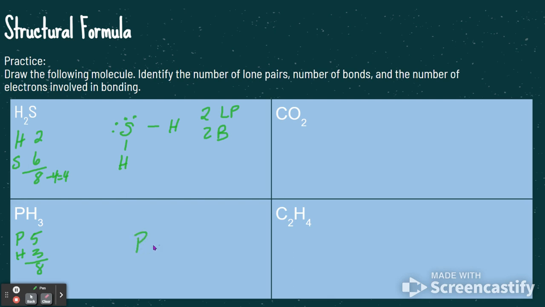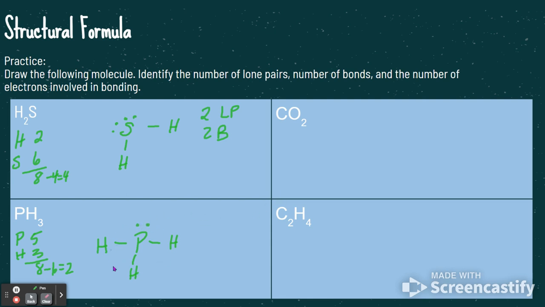All right, so phosphorus in the middle, and it doesn't matter where you put your hydrogens. I'm just going to put mine there. Everybody gets a bond, 1, 2, 3, so 8 minus 6 is 2 left. Remember, our hydrogens get no more. They are completely satisfied, so therefore that lone pair is going to go on phosphorus.